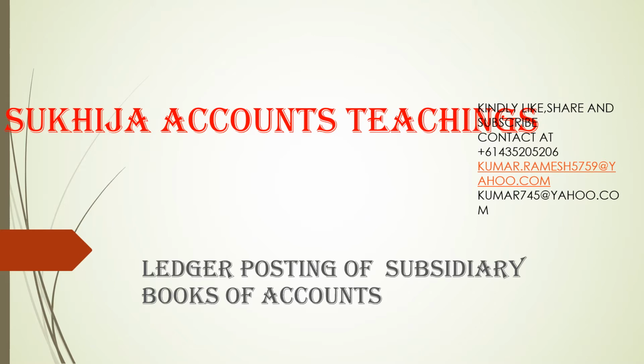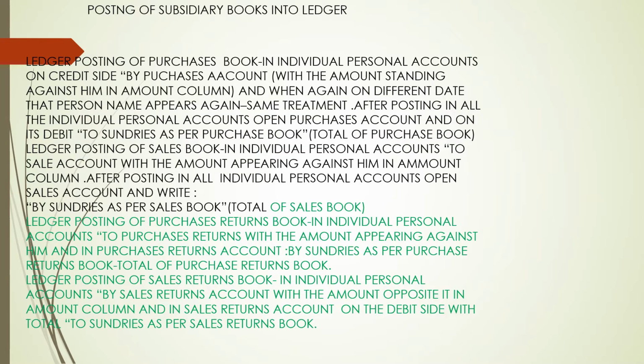Today we are going to discuss ledger posting of subsidiary books of accounts. The first is ledger posting of purchase book. In individual personal accounts, on the credit side, write by purchases account with the amount standing against him in the amount column.